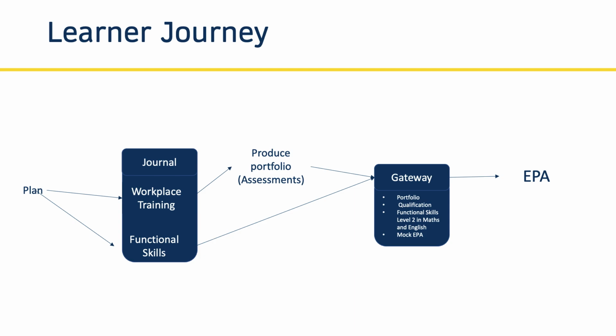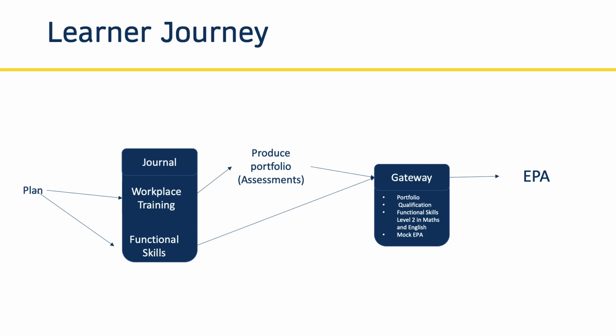This is all logged in the journal, which is where you log your training. Once you've become competent because you've completed workplace training and performed that task a number of times in the workplace, you would then produce a portfolio of evidence that demonstrates that you can perform those tasks. That is an assessment during the on-programme phase to help prepare you for the endpoint assessment.